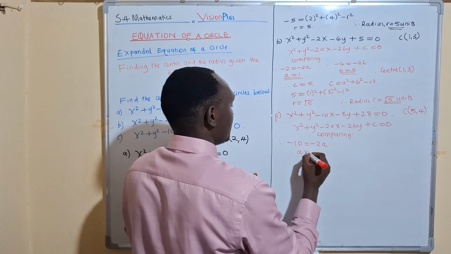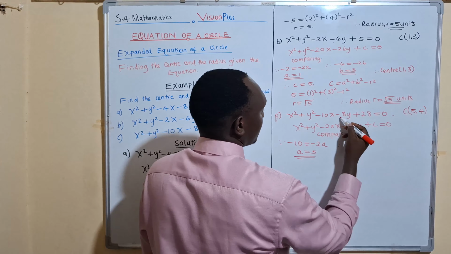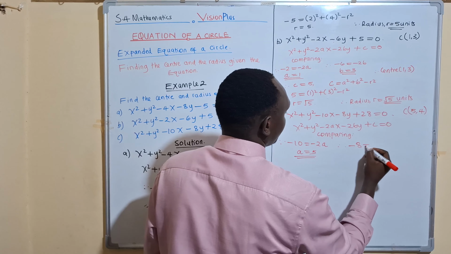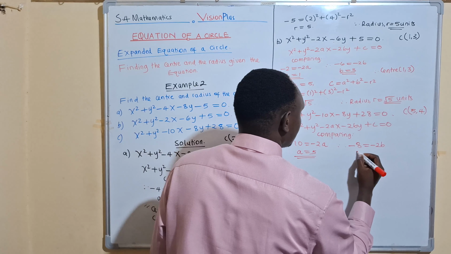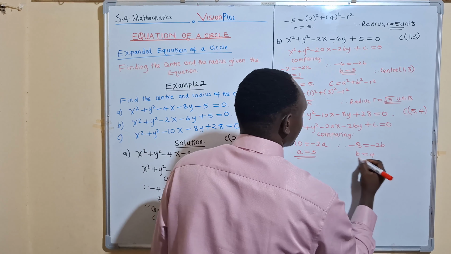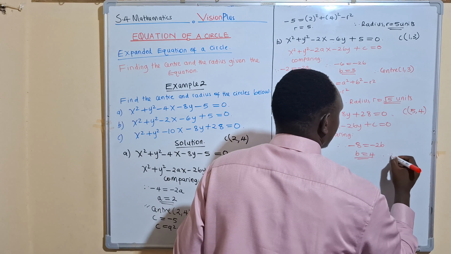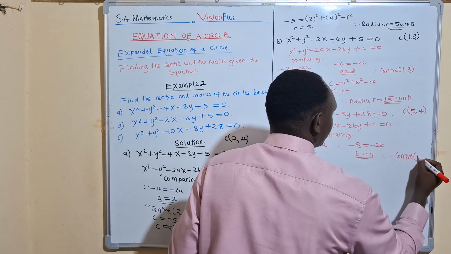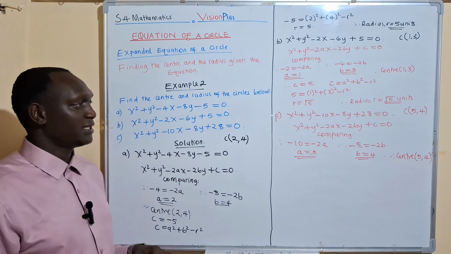We find that a is positive 5. Also, -8 corresponds to -2b because they are coefficients of y. Dividing by -2, we find that b equals positive 4. Therefore, you say the center is 5 and 4. As simple as that.